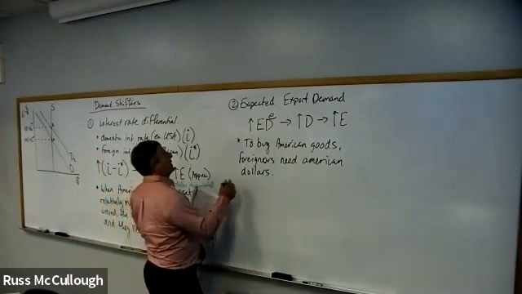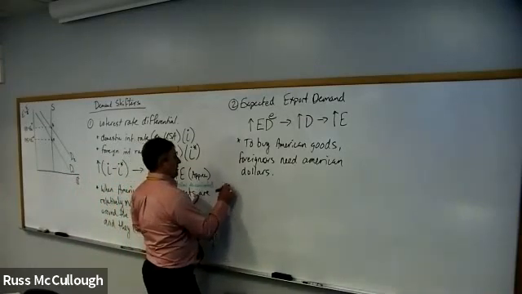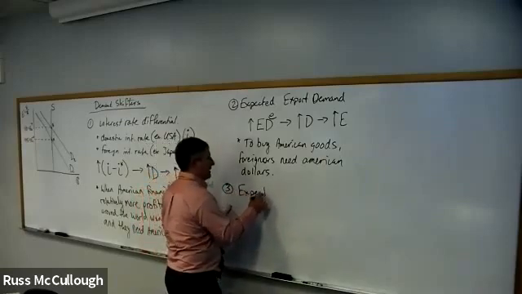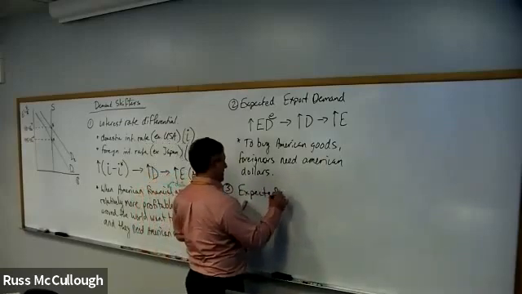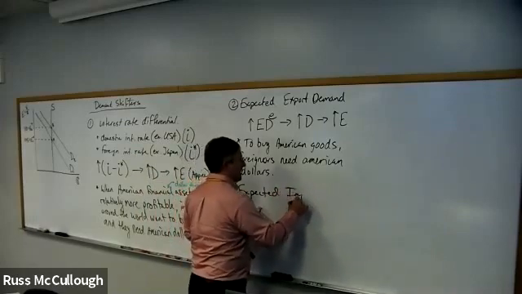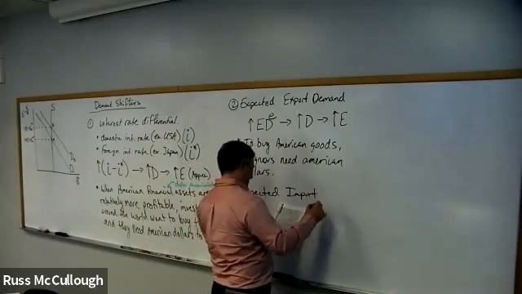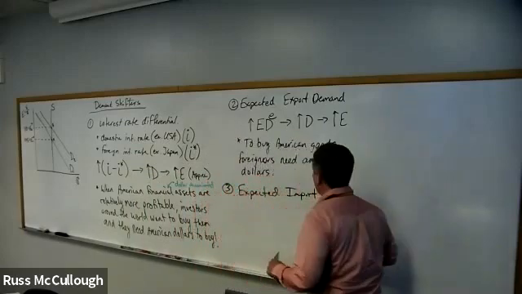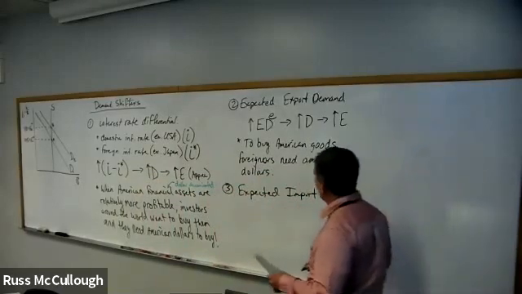Okay, so now imports. I almost wanted to combine these two, but I decided to keep them separate, because you can do a similar thing with exports minus imports for this. Expected import demand. So we're talking about Americans now.